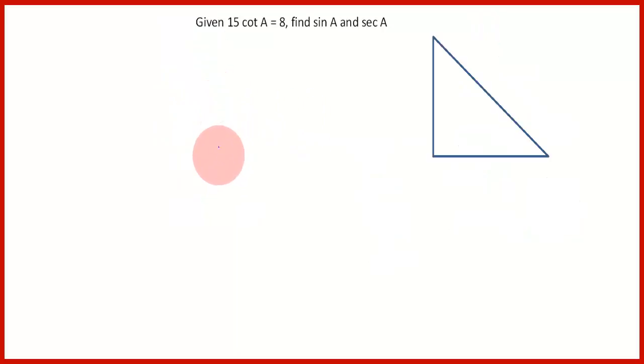The next example is: given that 15 cot A is equal to 8, find sin A and sec A. Suppose this is a right angle triangle ABC, and this is 90 degree, and we have to find sin A and sec A. It is given that 15 cot A is equal to 8.